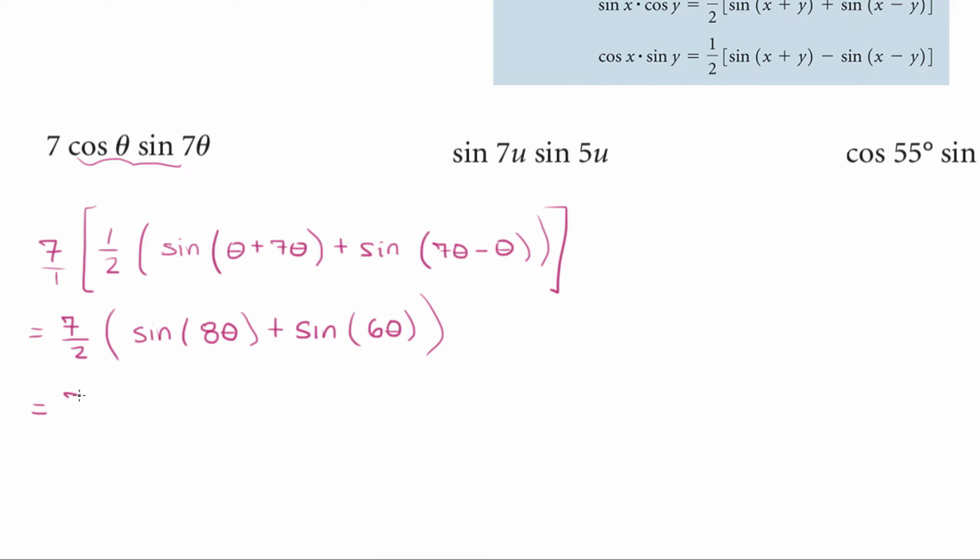And we distribute again. We have 7 halves of sine of 8 theta plus 7 halves of sine of 6 theta. And that will be the answer for the first one.